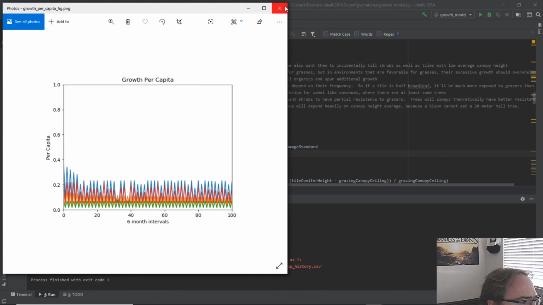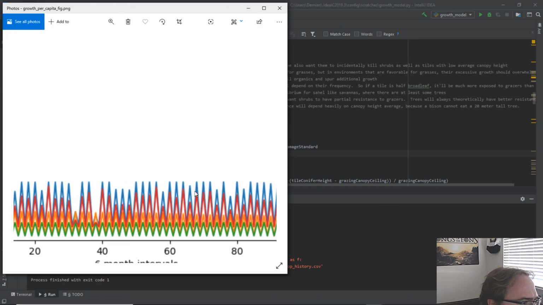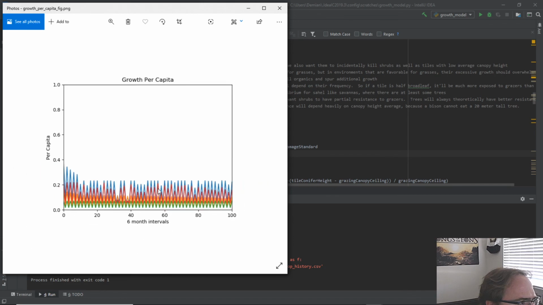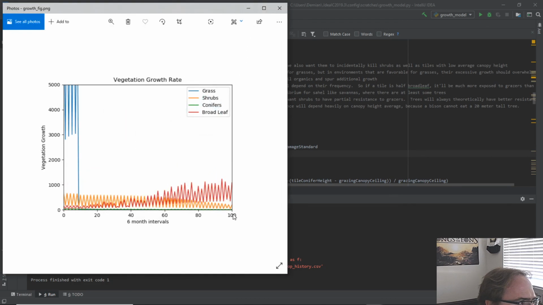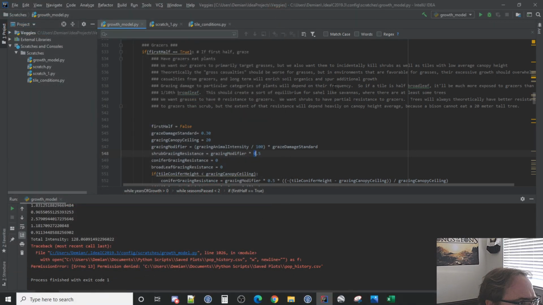Jesus Christ, these numbers can't be right. Yeah, so we have 0.2. So for every 5 trees, you have a new tree. I guess it's not that much. Wait, what?